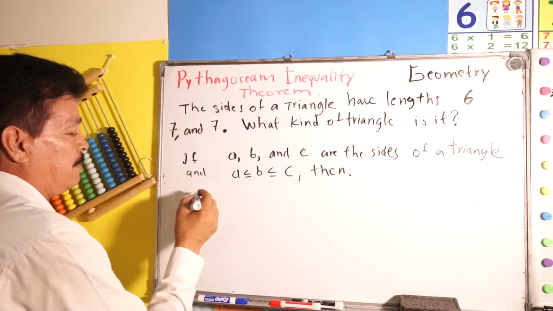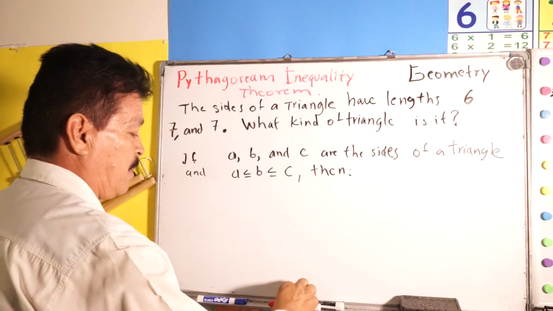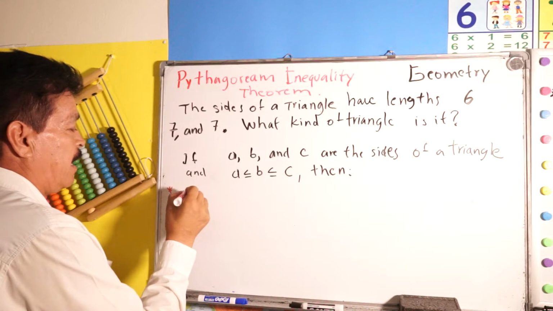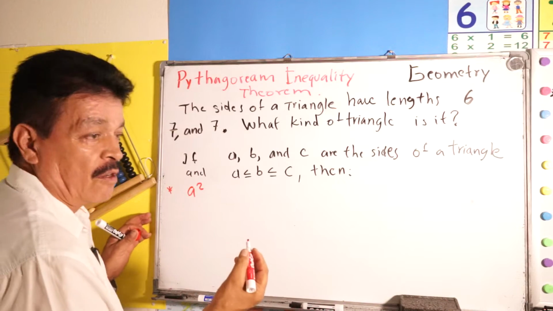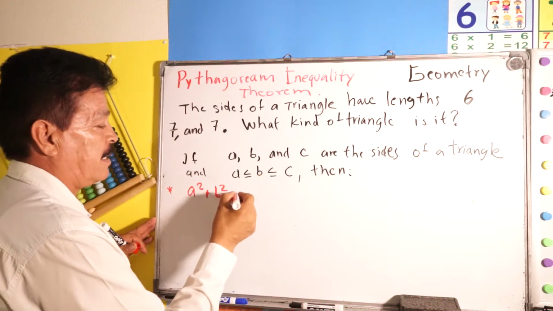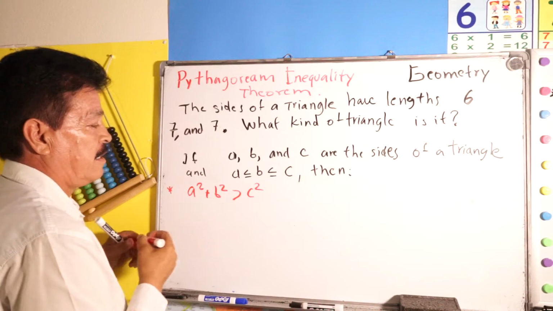We have three very important ideas. This is the first one: A squared plus B squared is greater than C squared.